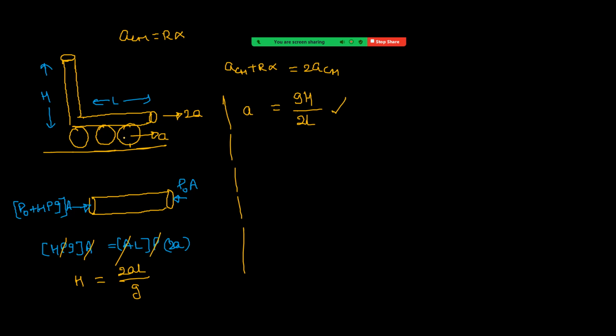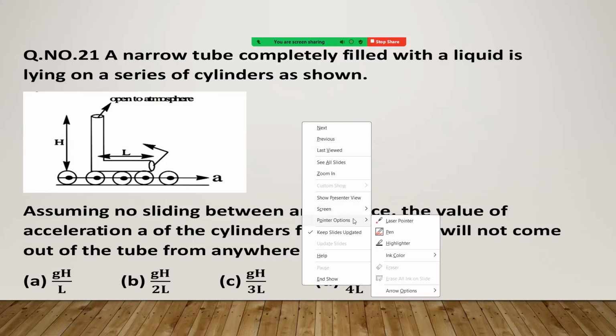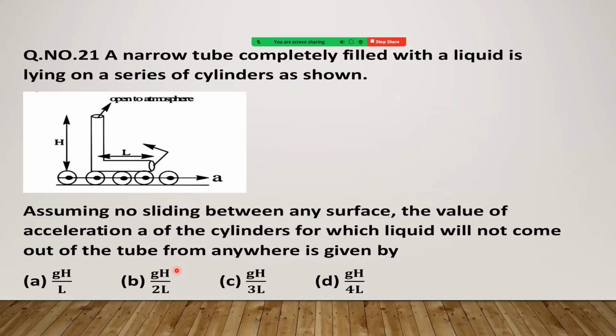There is a chance of writing this acceleration is A. That is wrong, because it is acceleration for the center of mass of the cylinder, means for the axis. But coming to here, it is now 2A. That means the answer is option B, GH by 2L.